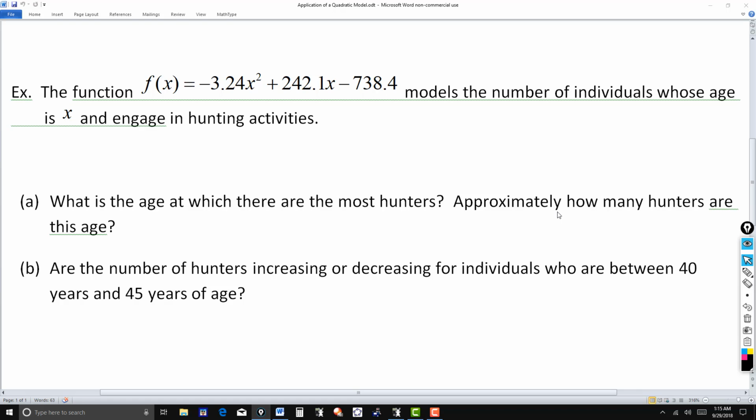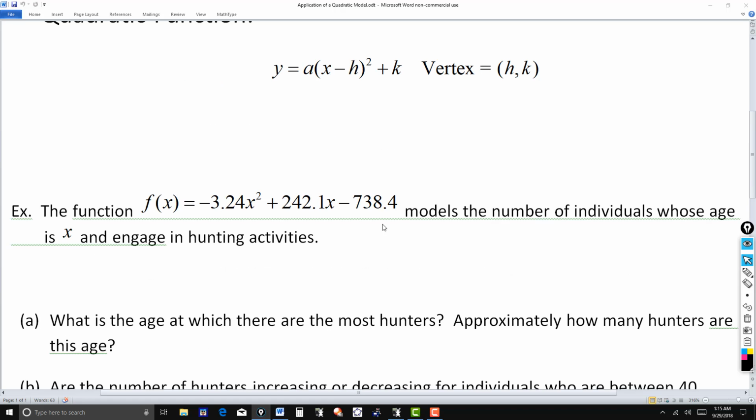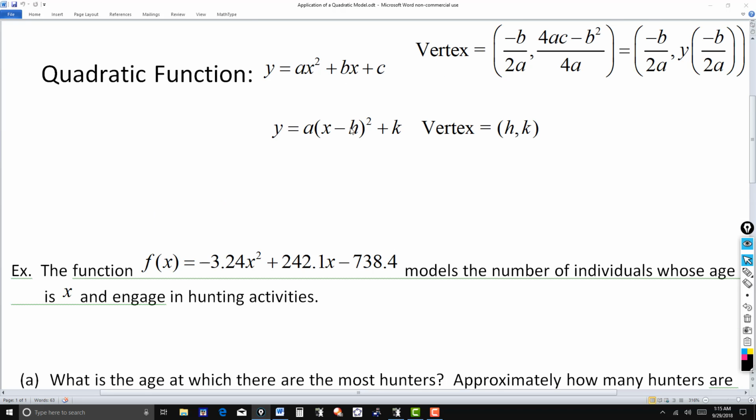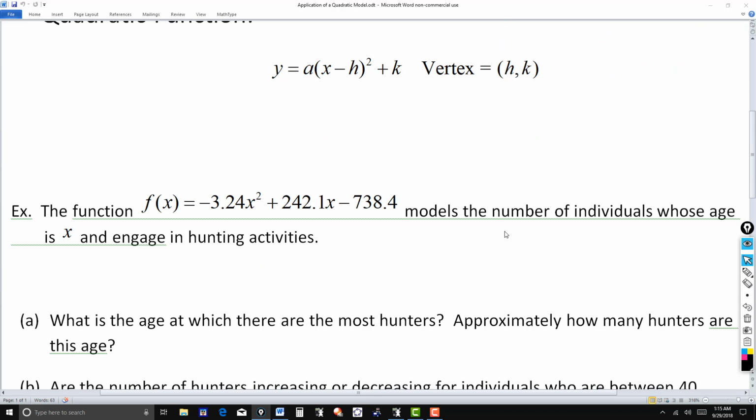Let's look at an example. Now in this particular case, this is a quadratic function, so the method here will work. You can find the vertex using the first formula, since it's in this particular form, and you can solve this problem. But if it's not a parabola, this is not going to work. So using the calculator, we're going to solve this problem. Let's look at the example.